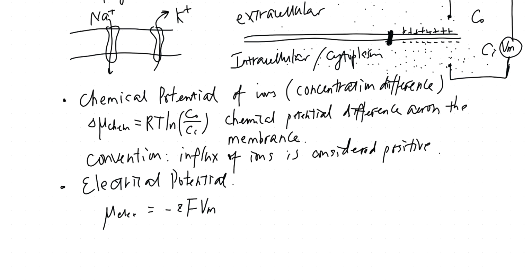I should mention that in the chemical potential of ions, let me define what R is. R is 8.31 joule per mole per Kelvin. This is the ideal gas constant. T is absolute temperature.